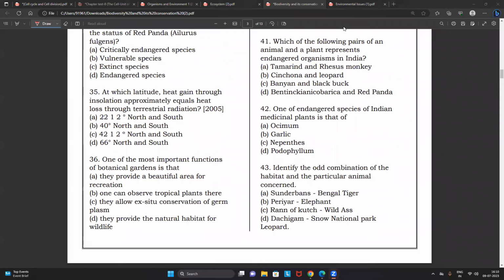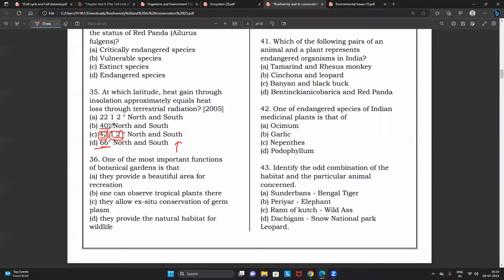See, if it is 66 degrees, every student try to understand, the temperature is extremely high. Then here only heat is gained, right? Where is the heat being lost? And here it is saying 42 and 12. So temperature is high in one area and low in another. Then how will heat gain and heat loss be equal?